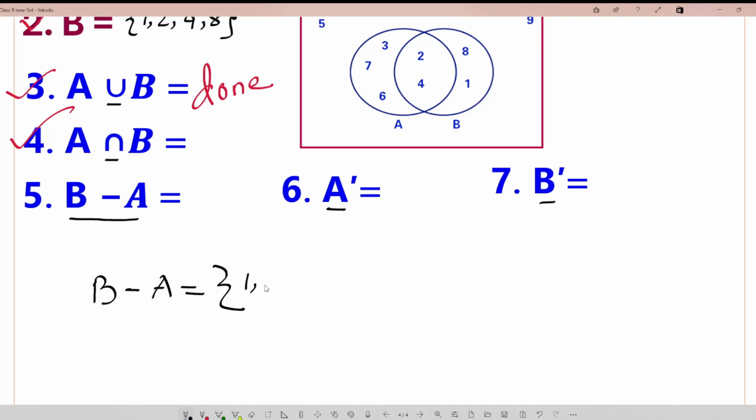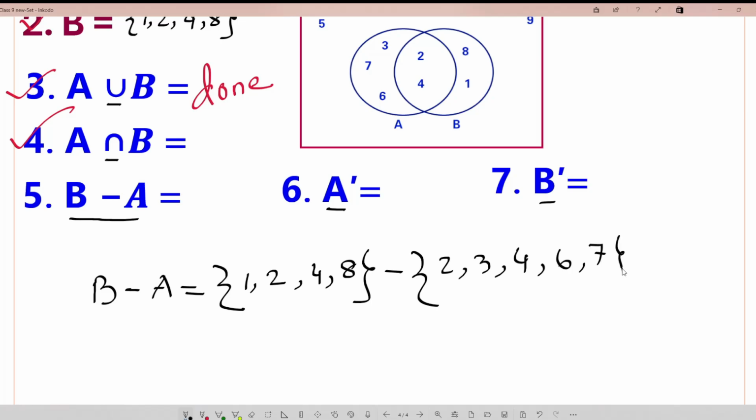B is 1, 2, 4 and then 8, right? And what is A? A is 2, 3, 4, 6 and 7.